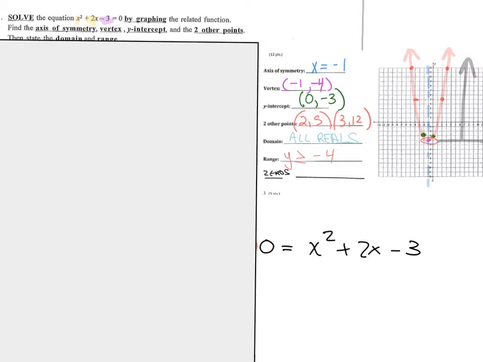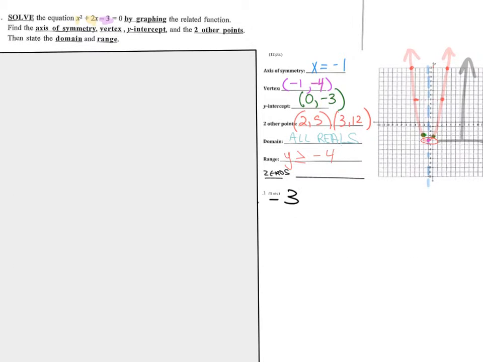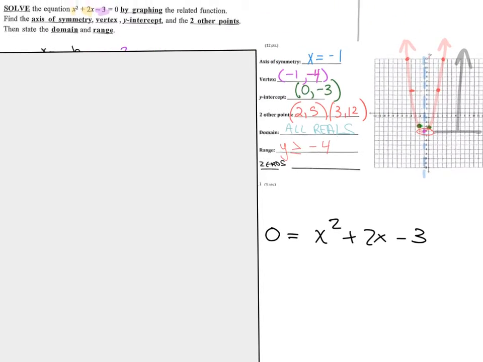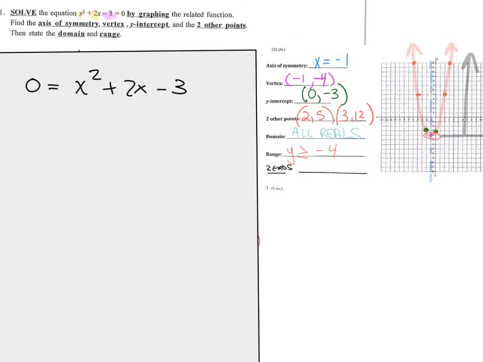If you want to solve by factoring, then you would take this and you would say to yourself, okay, I remember that in order to solve this, I had to factor it. And what multiplies to -3 and adds to +2? -3 and 1. +3 and -1, because they add to +2.